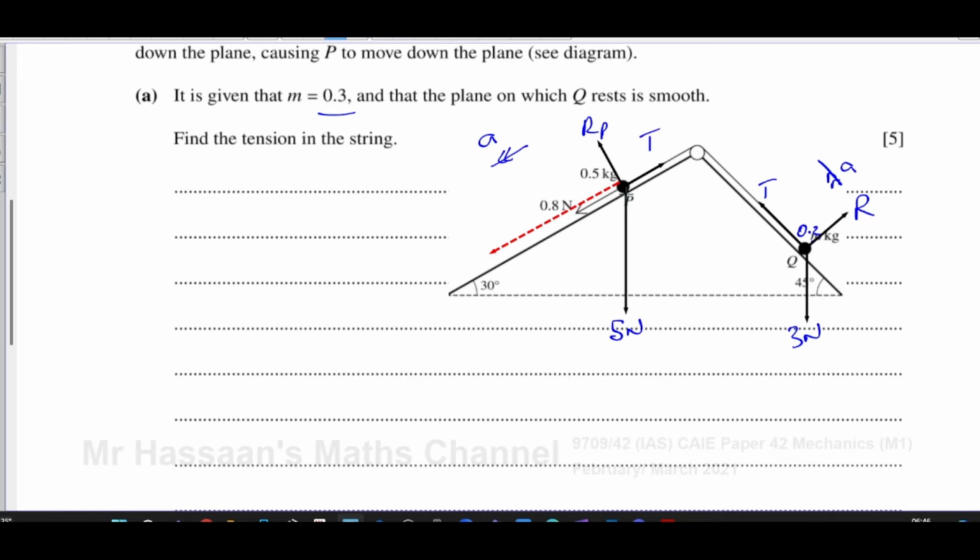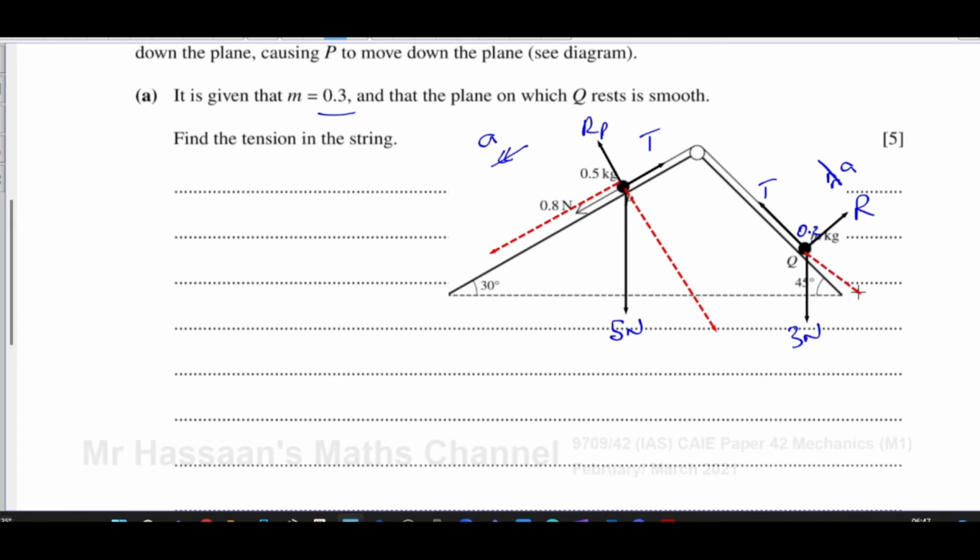And this is the component of this force perpendicular to the slope. I'm going to draw this a bit longer so I can explain something in a minute. This is a component of this weight which is parallel to the slope, and this is what's perpendicular to the slope. And the same thing for the 3 newtons.